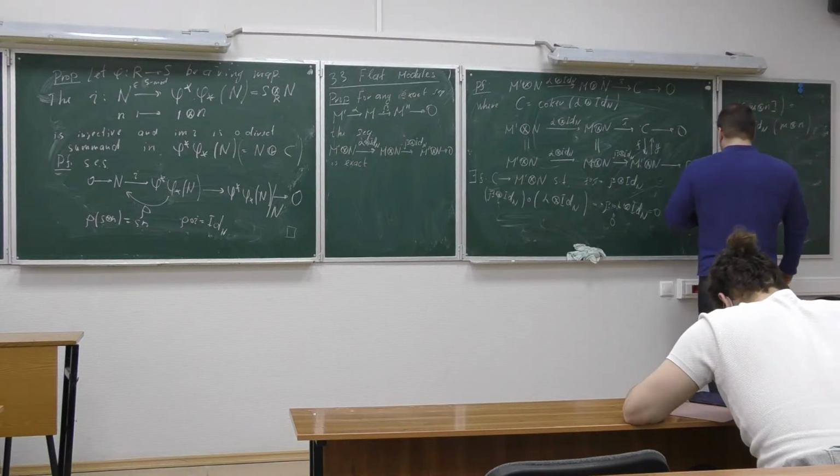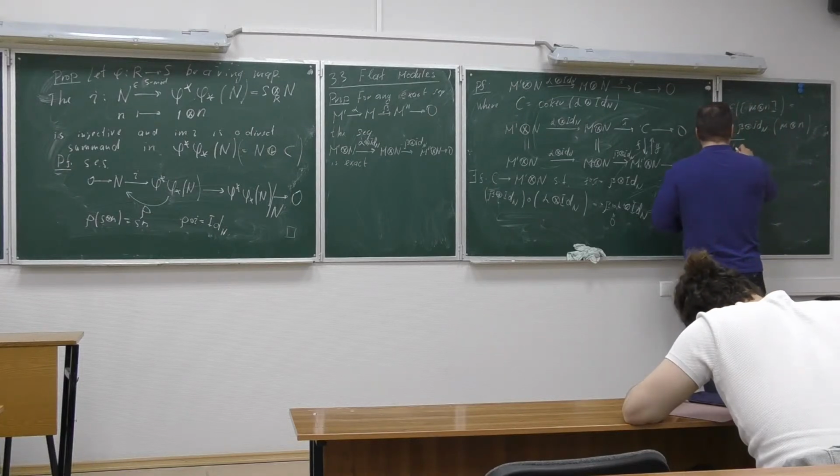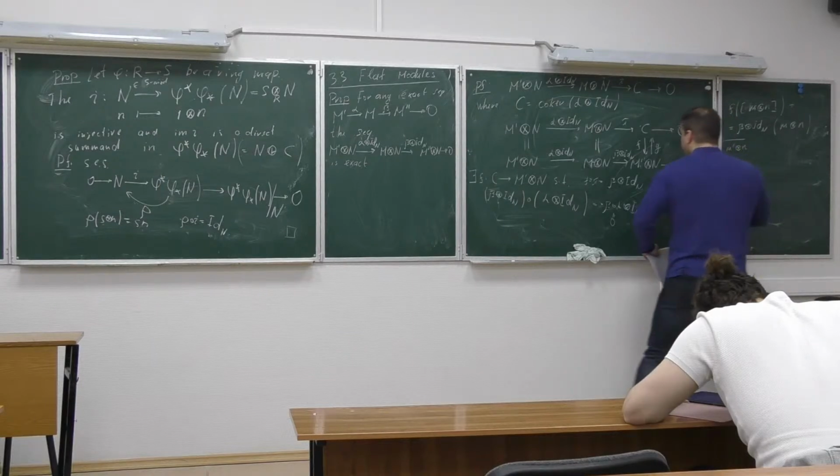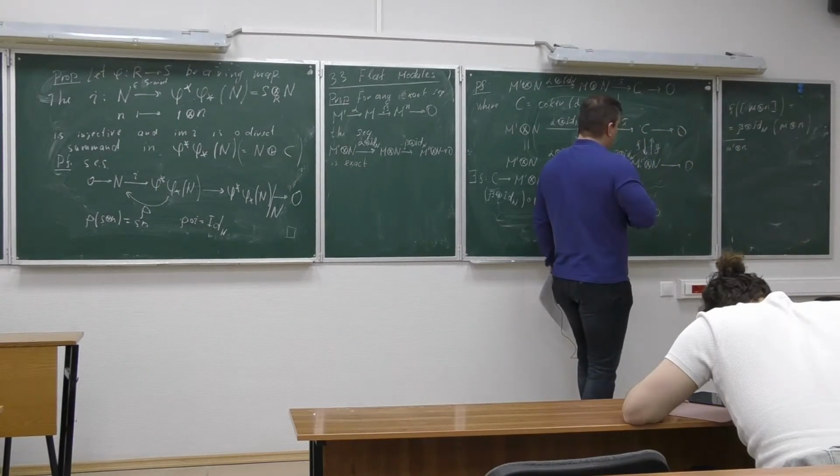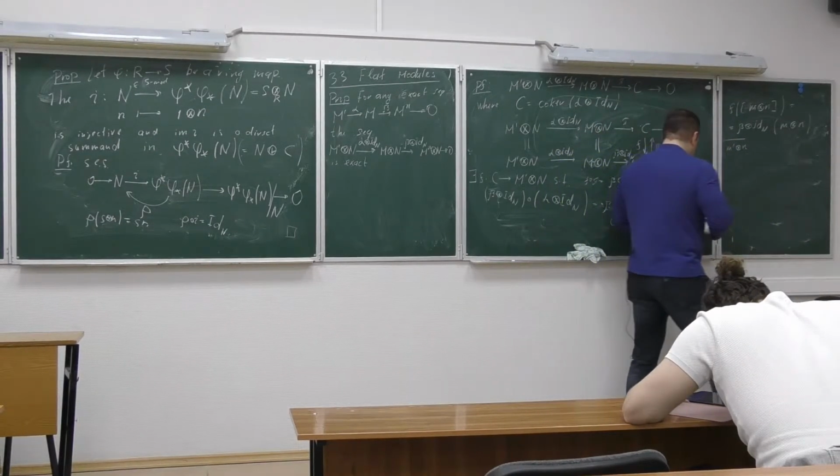So let me take some M double prime tensor N, a simple tensor in this tensor product. I want to define the map G on this simple tensor.